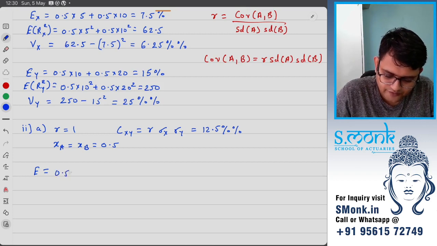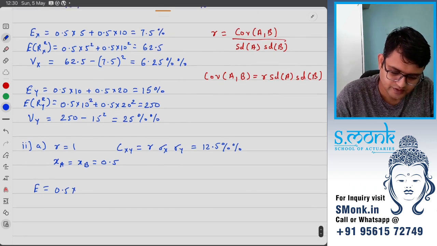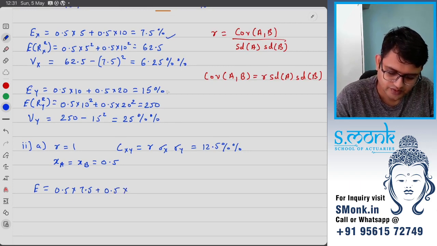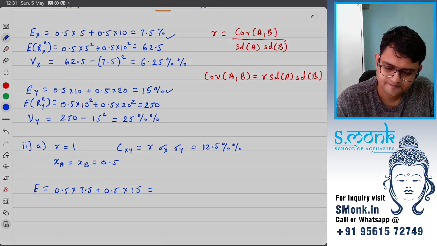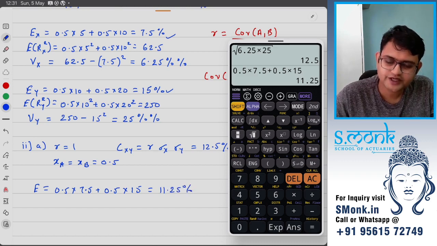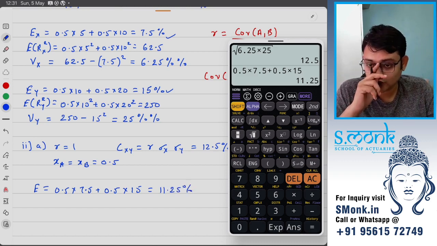So I'll have 0.5 into E of X, plus 0.5 into E of Y, so the returns that we are going to get from this portfolio on average.